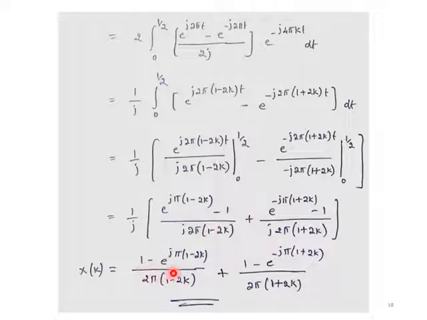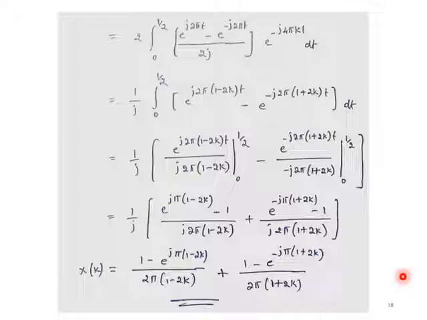So 1 minus e to the power j pi (1 minus 2k) divided by 2 pi (1 minus 2k). This 1 by j is multiplied. If I take plus as it is, j into j squared is minus 1. Minus I'll take for this term, so this becomes plus, this becomes minus. So 1 minus e to the power minus j 2 pi (1 plus 2k) divided by 2 pi (1 plus 2k).